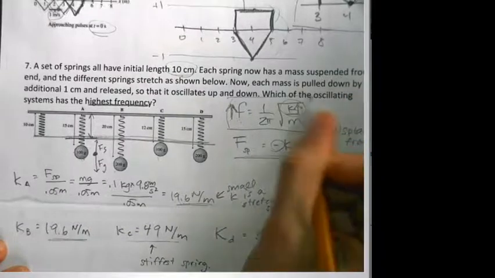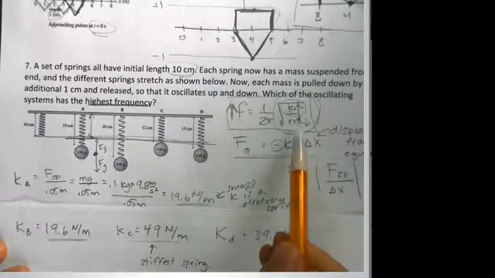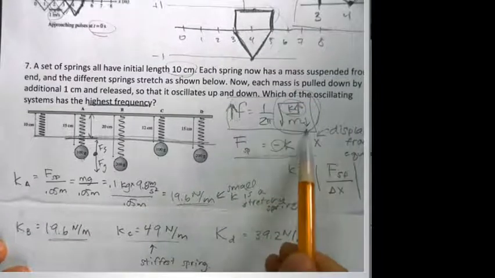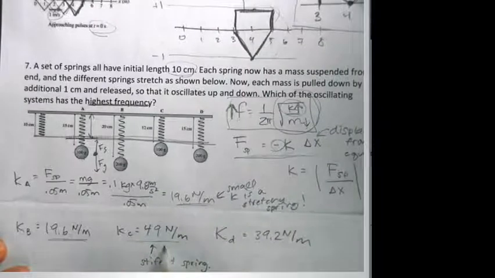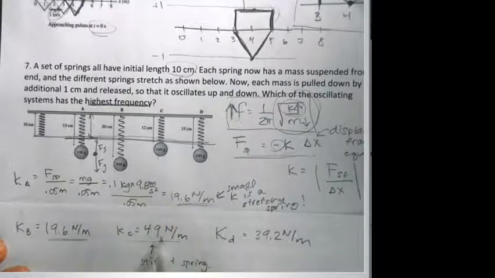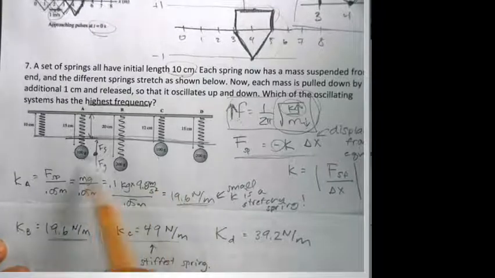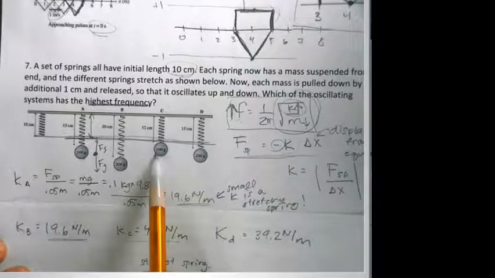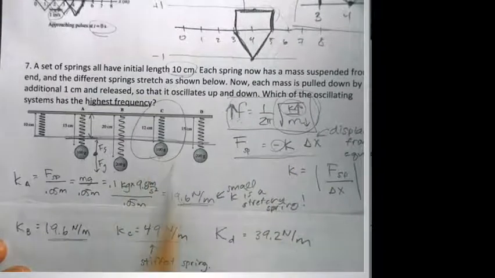So we need to think about both of these together: a big K together with a small M. Our biggest K is here for sure. We don't necessarily need to calculate any more because this one has the biggest K and it also has the smallest M. So we're pretty confident that we're going to win with C.